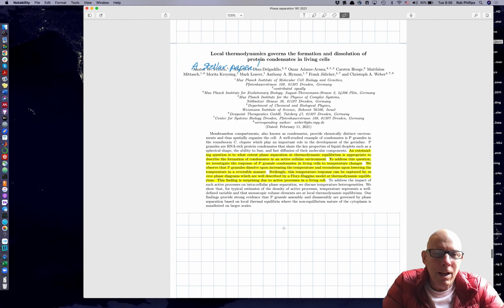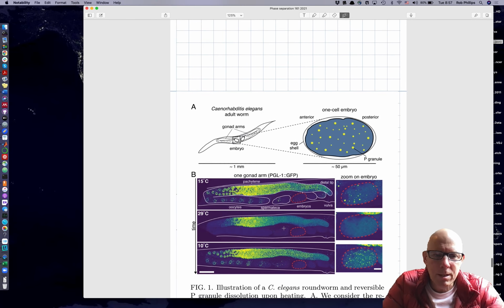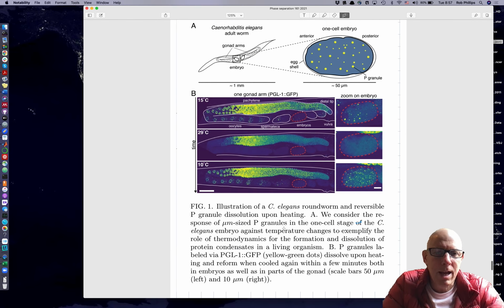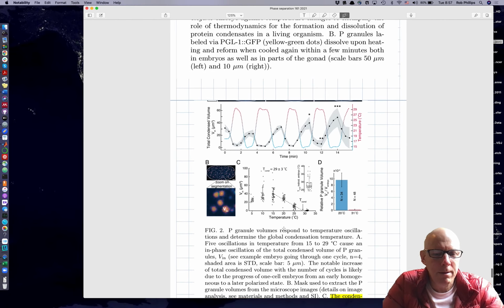So the reason, again, that I wanted to do this vignette is that after we do this Flory-Huggins theory, I'm going to come back and talk about this quite amazing paper in which they put this whole set of ideas to the test. They do this by doing temperature cycles on C. elegans, and they see the reentrant phase separation into these P granules, and then they're dissolved.